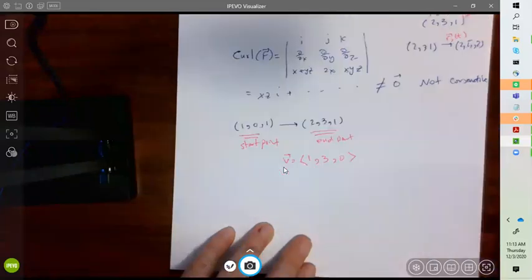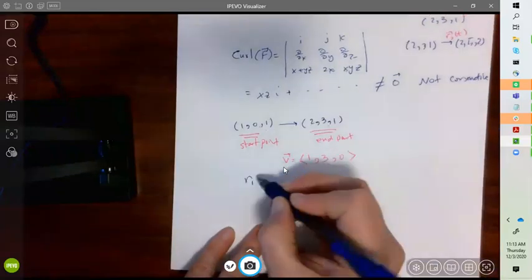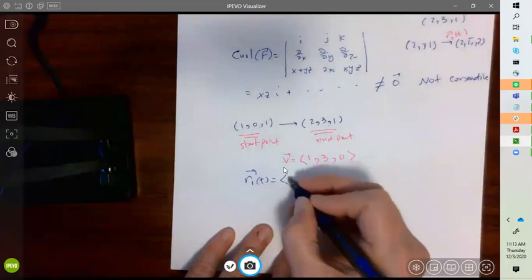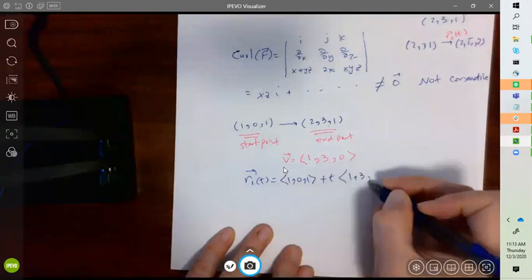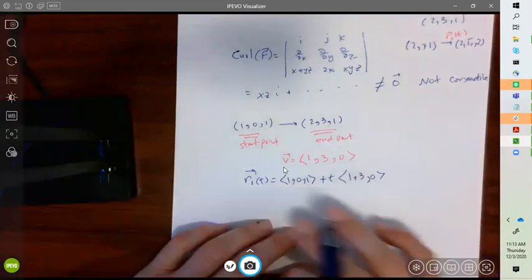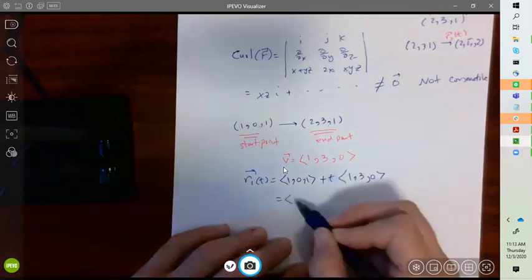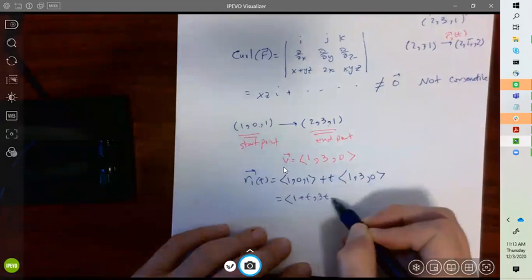So my recommendation is to find R1 of t to be the beginning point plus t times that vector. And so this basically becomes 1 plus t, 3t, and 1.